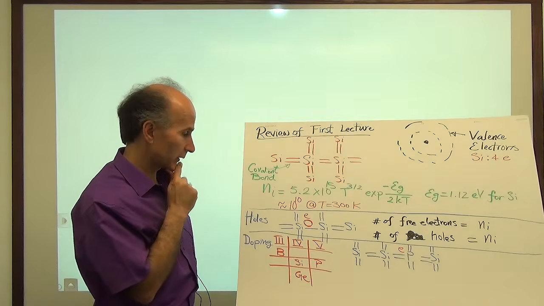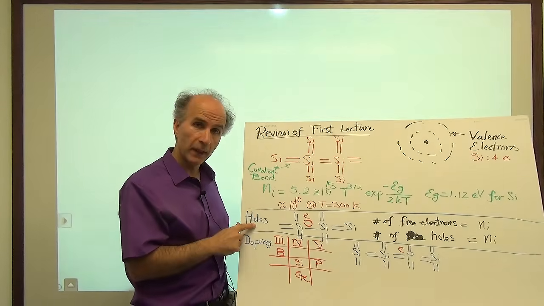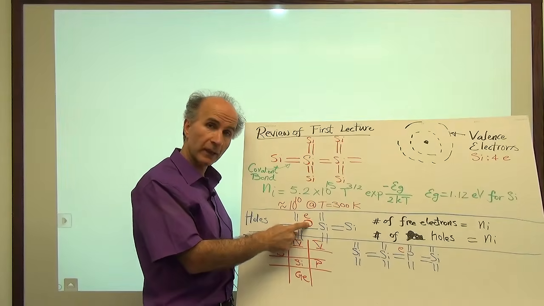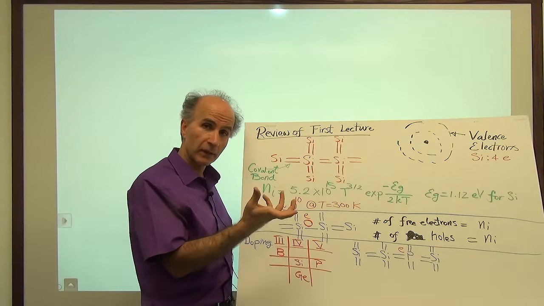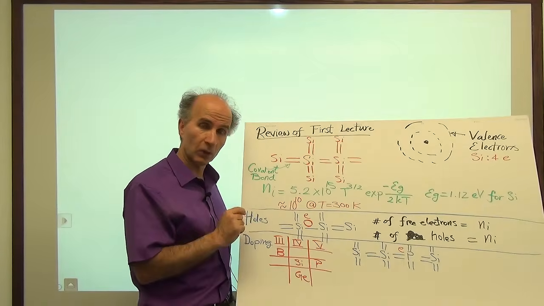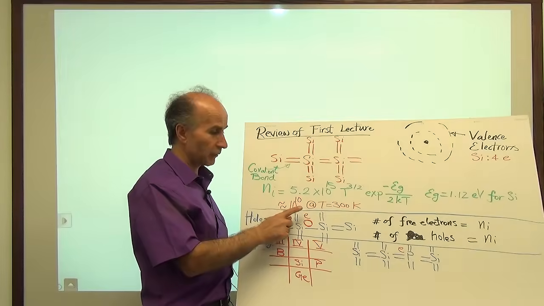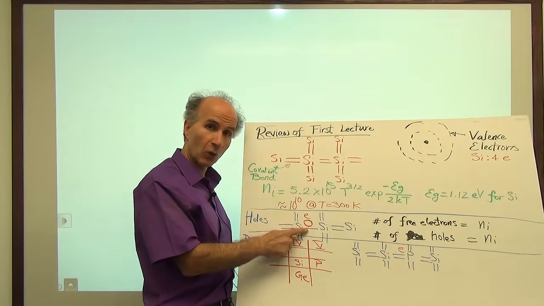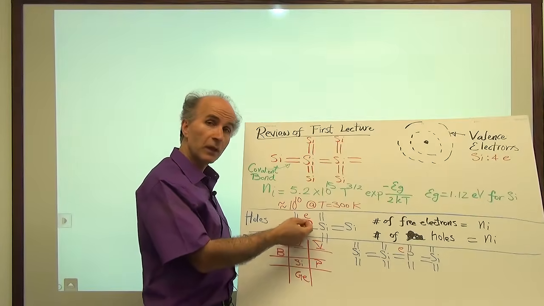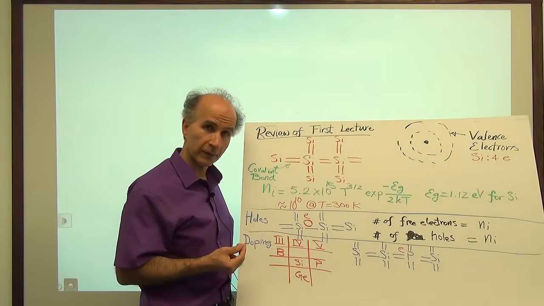The next concept we talked about was holes. We saw that every time an electron is knocked out of a bond, it leaves behind a void that could absorb an electron, and that void is called a hole. So we say that we have created an electron-hole pair every time there's enough energy to release one electron from the bond.